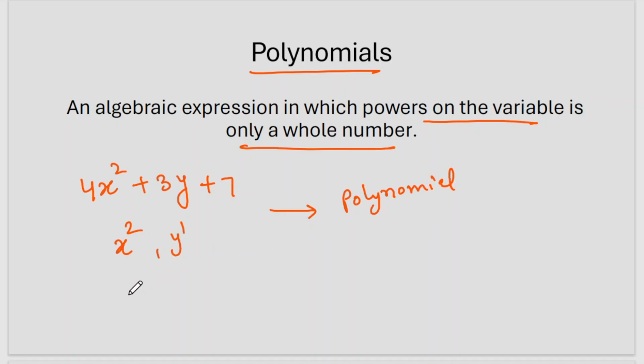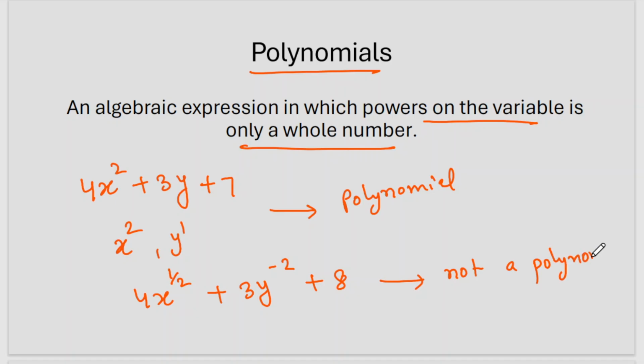Okay. Now, if somebody asks me 4x to the power 1 by 2 plus 3y to the power minus 2 plus 8, is it a polynomial? I will say no, it is not a polynomial. Can you tell me why?